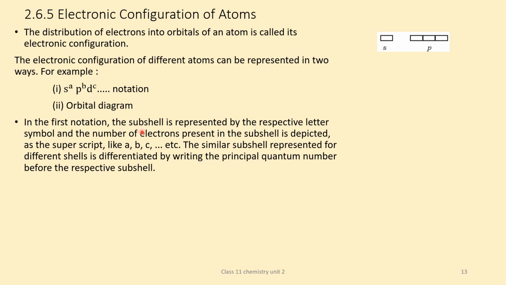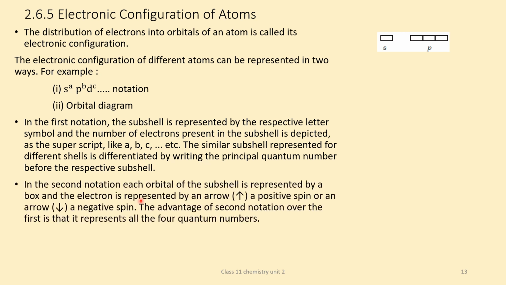The similar subshell represented for different shells is differentiated by writing the principal quantum number before the respective subshell. That is, the first number will be the principal quantum number, followed by the notation.